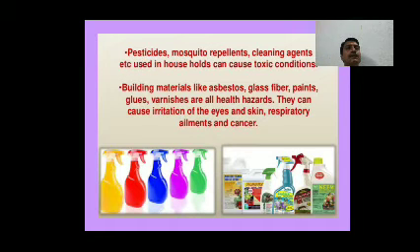Pesticides, mosquito repellents, cleaning agents, etc. used in households can cause toxic conditions. Building materials like asbestos, glass fibers, paints, glues, varnishes are all health hazards.